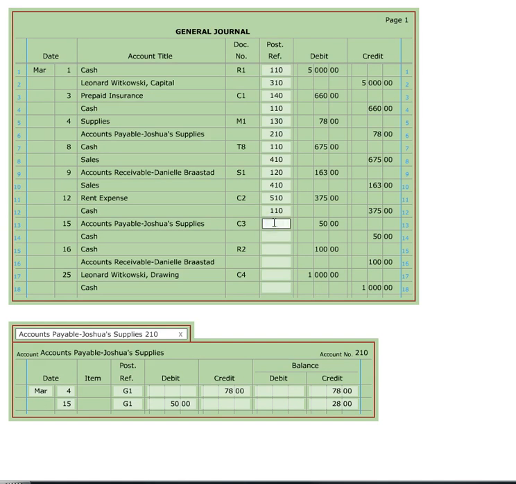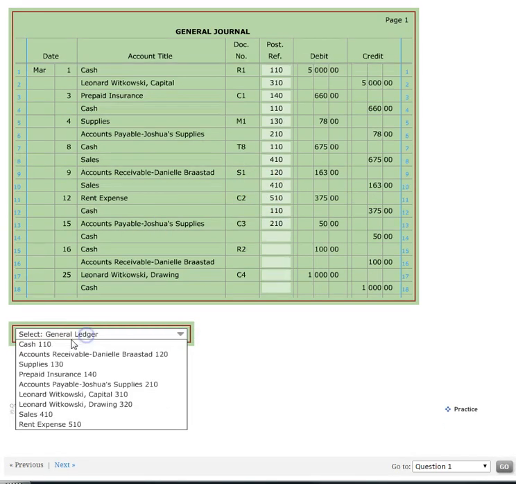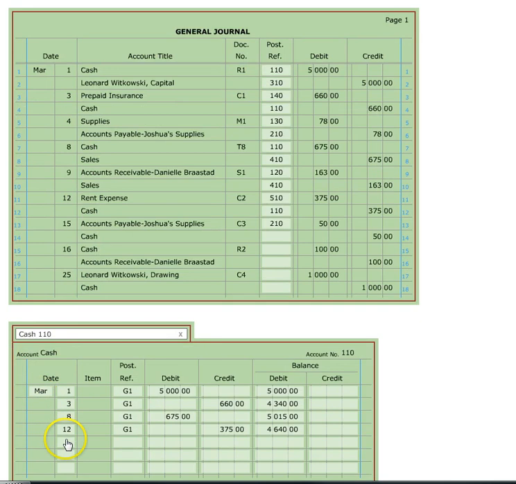Posted that to 210. Okay, cash. On the 15th, General Journal 1, that's a credit of $50. So $4,640 minus the 50, $4,590 is our new balance, and we posted that to 110.